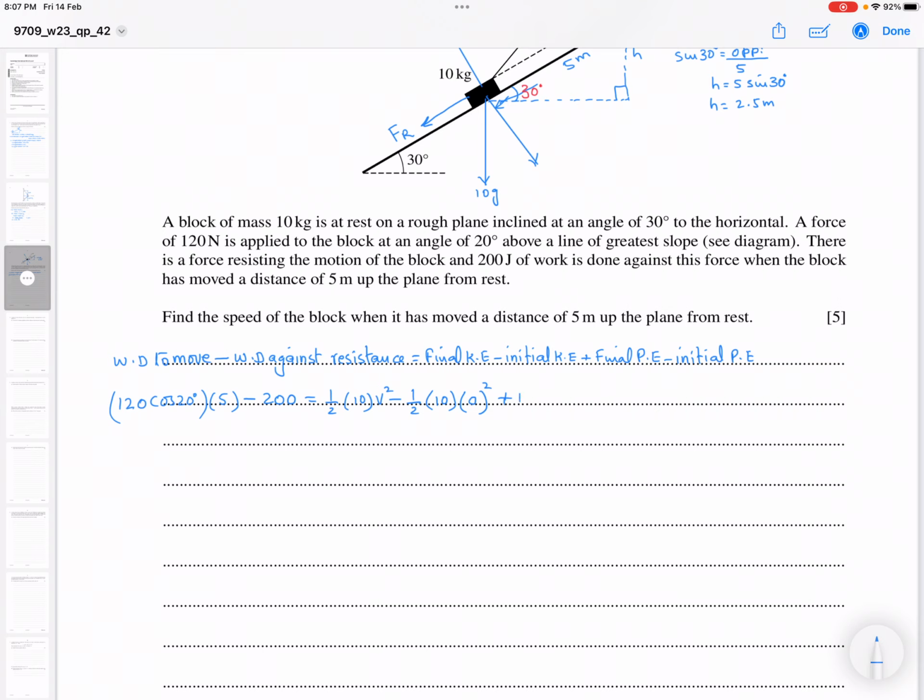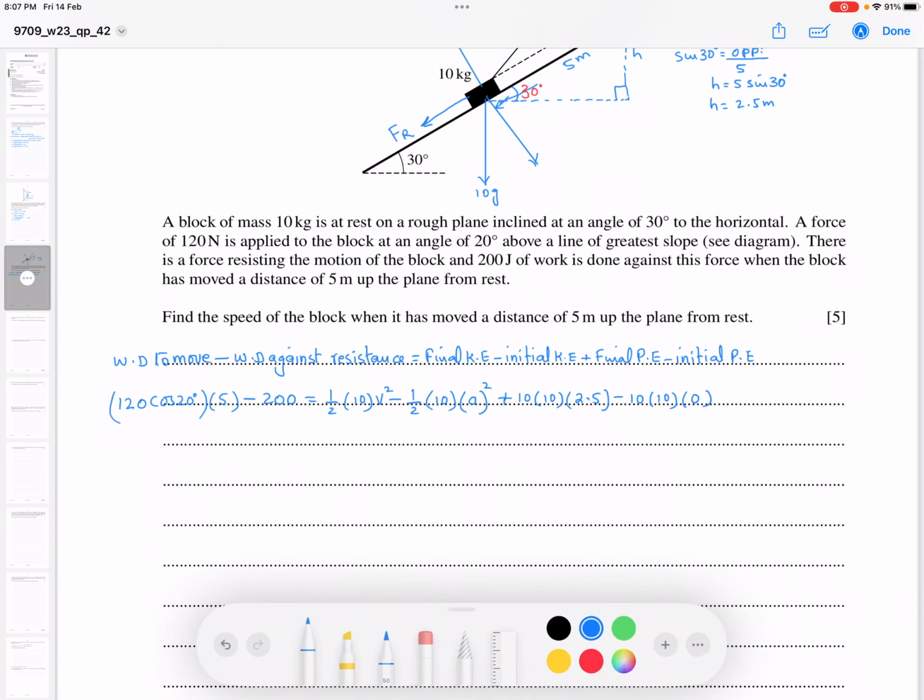So mass is 10, g is 10, and height is, we just found out, 2.5 meters, minus initial potential energy mgh again. So mass is 10, g is 10, and at that point our height is 0. So this part would not be considered because it becomes 0, and this part will become 0.